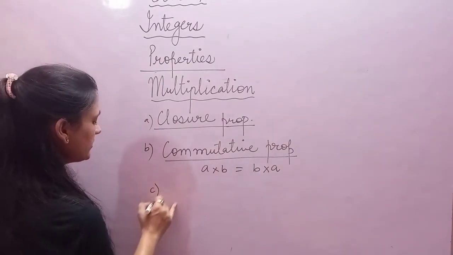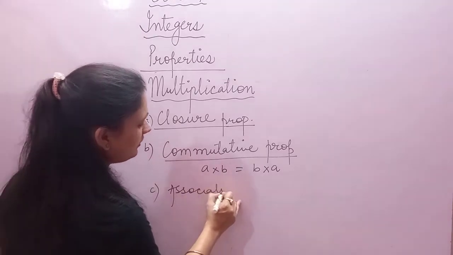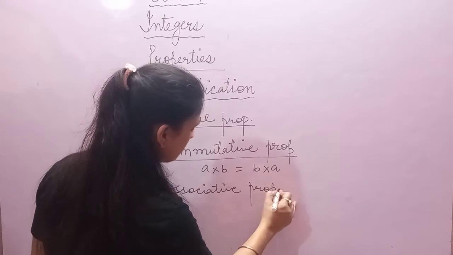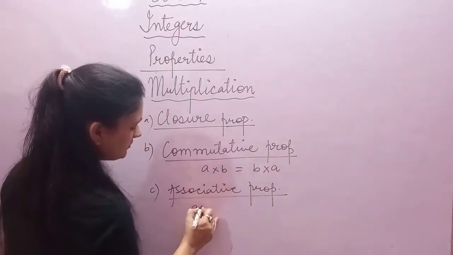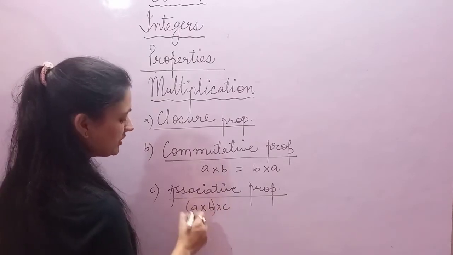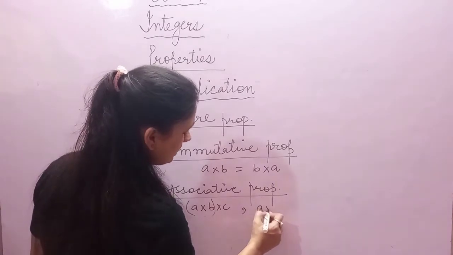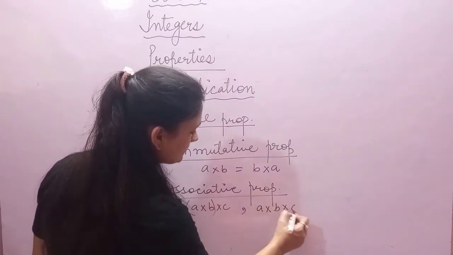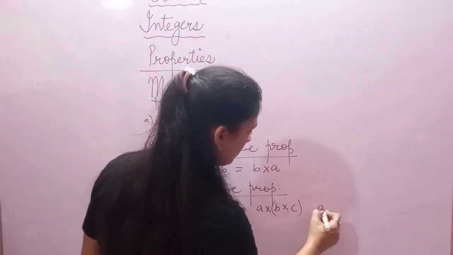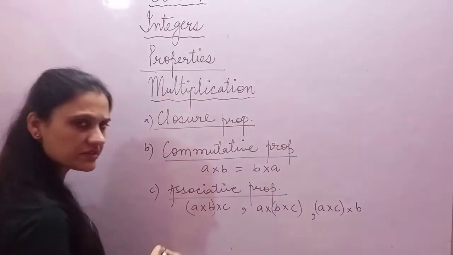Next is associative. Of course, if commutative is there, associative will also be there. Let us take an example. First, what it says: if you multiply A by B and C, you multiply these two and the product is multiplied by C, then again A multiply B multiply C, we multiply B and C first and then multiply with A. Or A multiply C multiply by B. Let's see, the answer remains the same.